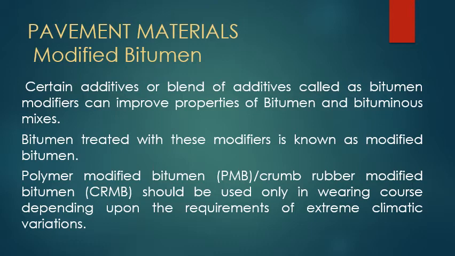So for physical modifiers, examples are SBS, SBR, SIS. What are these? That is nothing but thermoplastic elastomers, or thermoplastic polymers, or thermosetting polymers. So these are the physical modifiers. I was mentioning this SBS, styrene butadiene styrene, or styrene butadiene rubber, SBR.